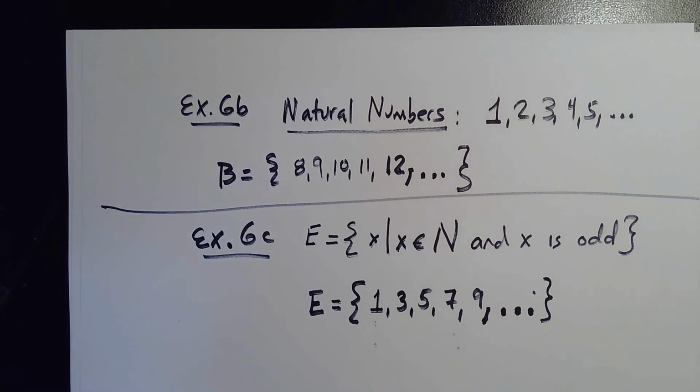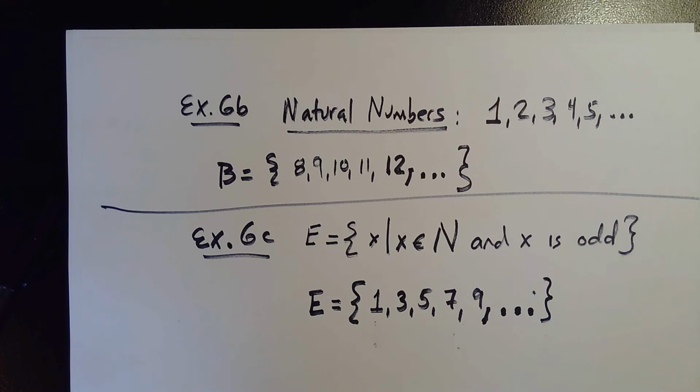Alright, now the next topic I'm going to introduce is the cardinality of a set and finite and infinite sets. So the cardinality of a set, and I'm going to write this down, is the number of distinct elements in a set.